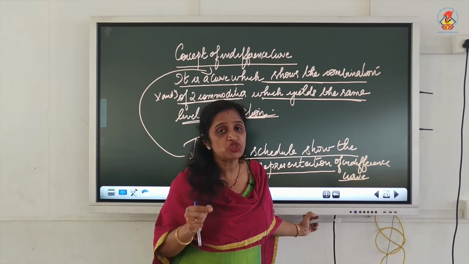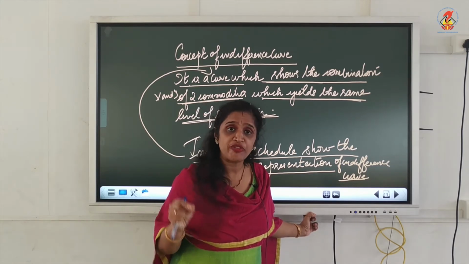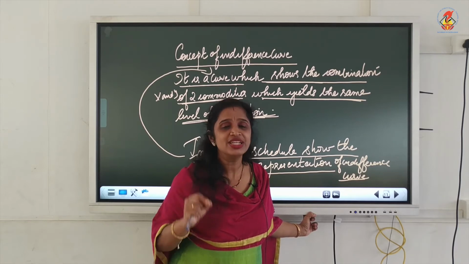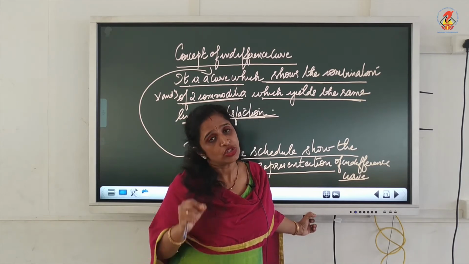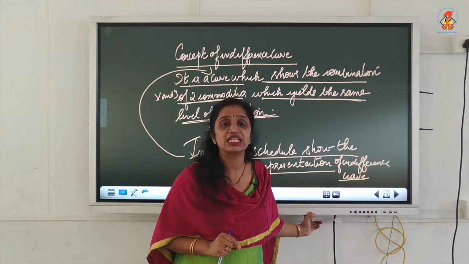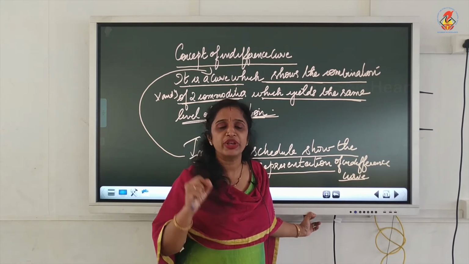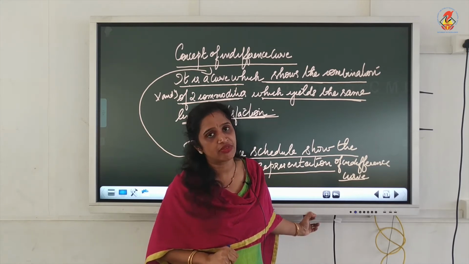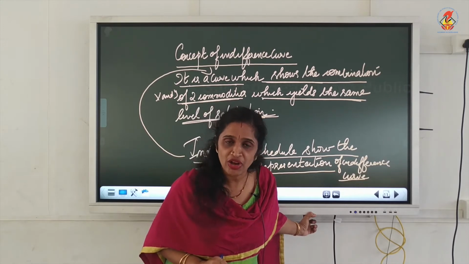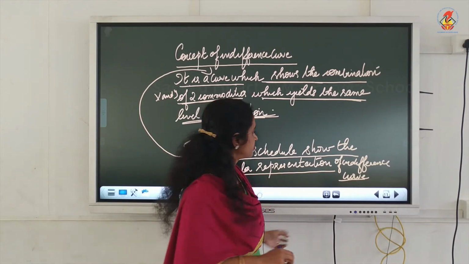The curve which we draw on the basis of that schedule or table is known as indifference curve. So, we can define indifference curve as a curve which shows the combinations of two commodities X and Y which gives the same level of satisfaction.